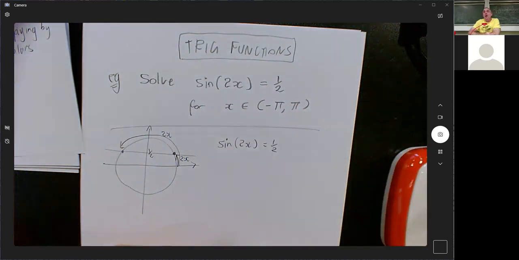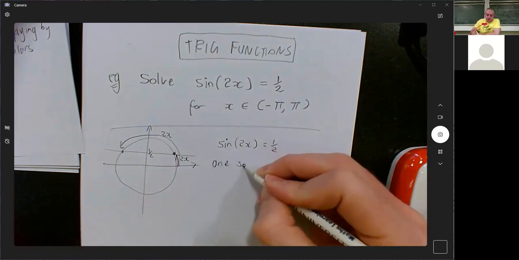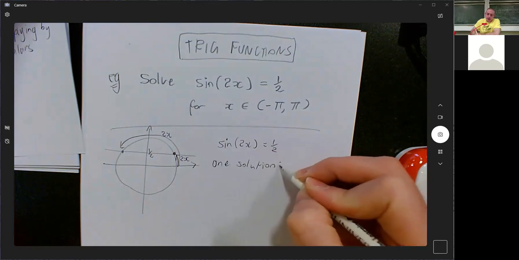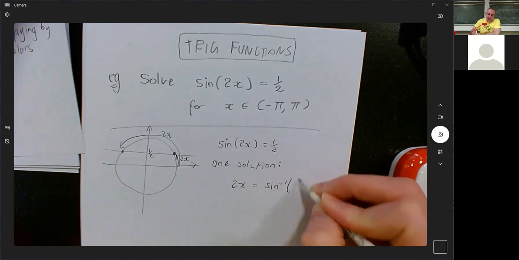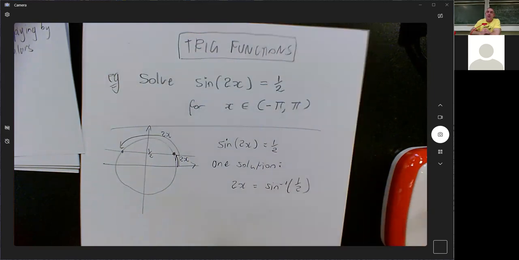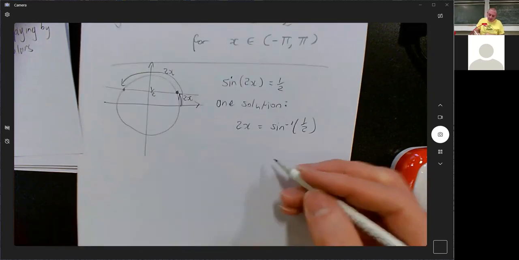So first I'm going to find one of the answers. One solution is that 2x is the sine inverse of a half. Some mathematicians write this as arc sine. If you're very good at memory, or even slightly good at memory, you will know what that angle is. I can't know it without drawing a picture, so this is what's going on in my head.